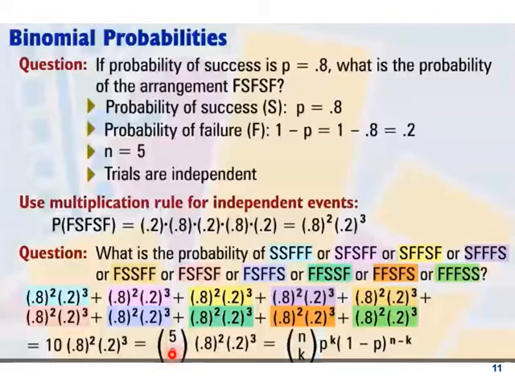So it would be 5 choose 2, that is N choose K. Then P, the probability of success, to the power K, that is 2. The probability of failure, that is 1 minus P, to what power? N minus K. And this is the binomial formula.